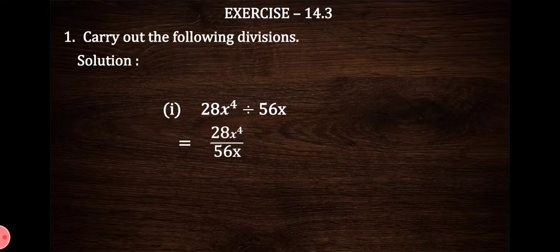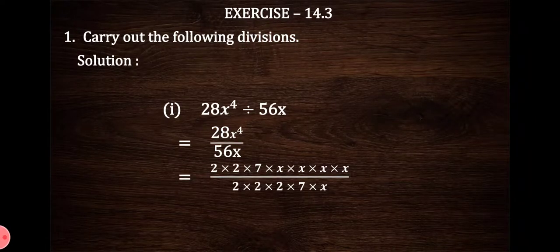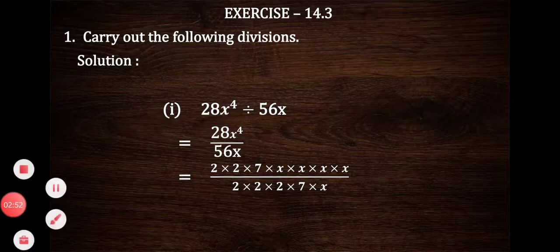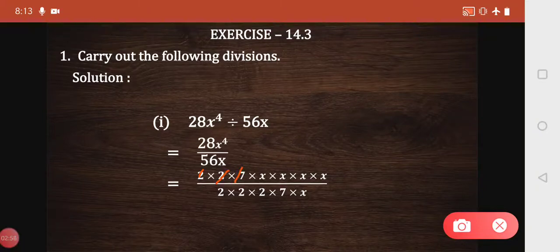Now, we make the factors of numerator and denominator separately. 28 is 4 sevens, and again 4 is 2 twos. So, we write 2 into 2 into 7, these are the factors of 28, and x raised to 4, that is, we write x 4 times.